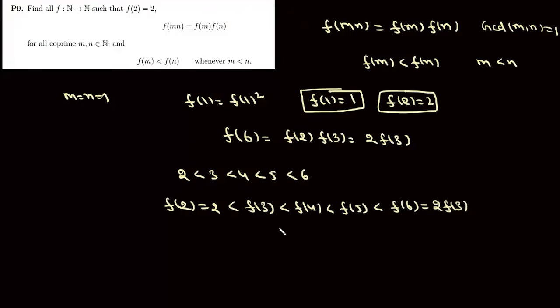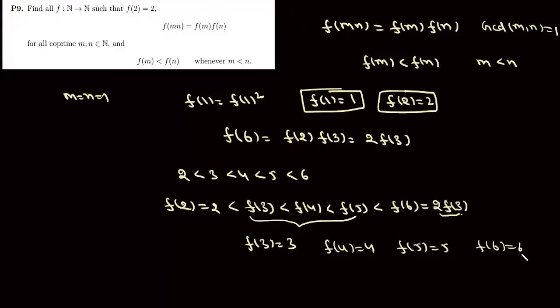Now there are strictly 3 increasing natural numbers between 2 and 2 times f(3). This forces f(3) equals 3, f(4) equals 4, f(5) equals 5, and f(6) equals 6. So we guess this f(k) must be k for all k belonging to N.